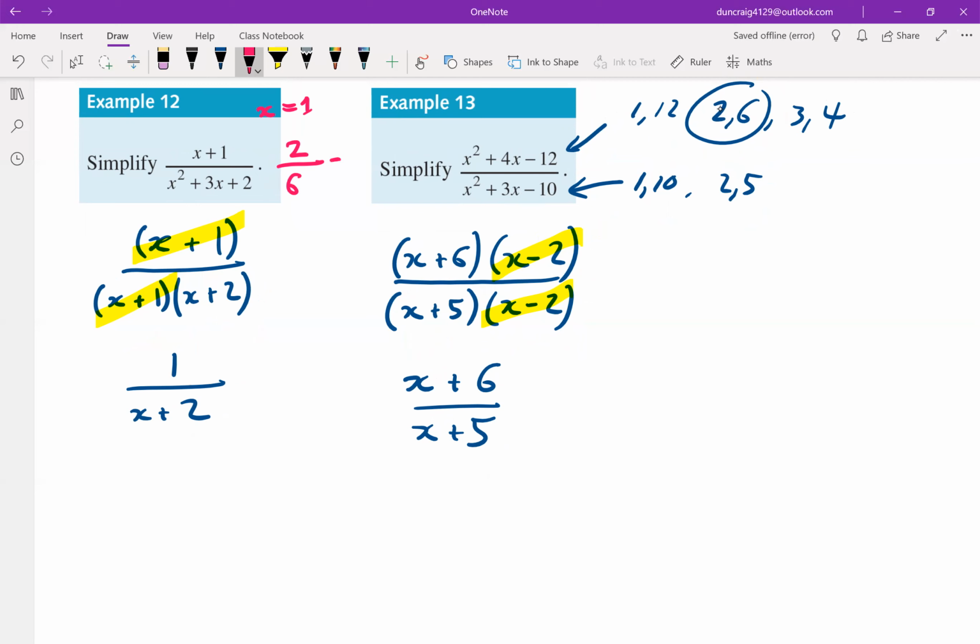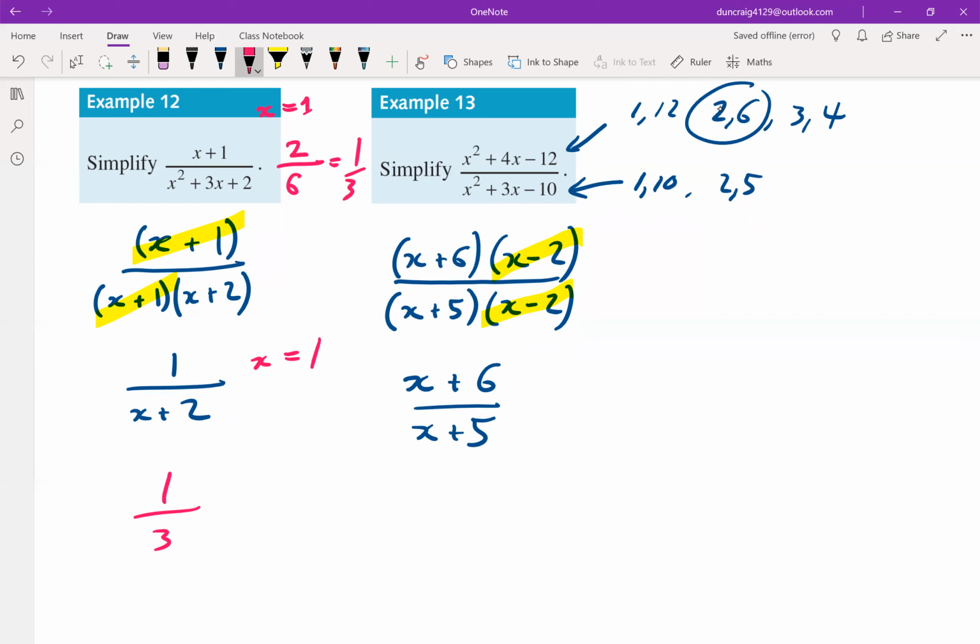It gives me 2 over 6, which is equal to a third. Now let's put x is equal to 1 into here. That's just going to give me 1 over 1 plus 2, which is 3. It also gives me a third. So you can test to see if you've done your simplification correctly by substituting in a particular value and checking to see if it works.